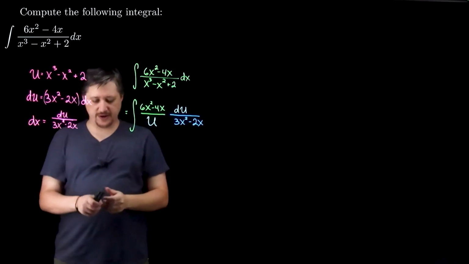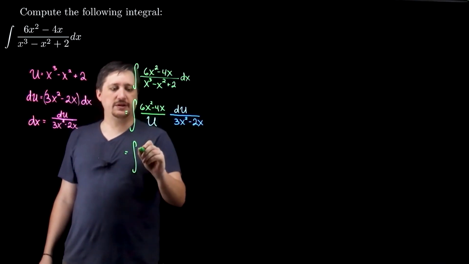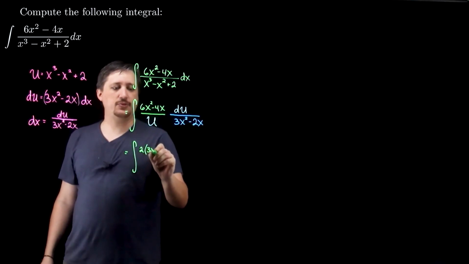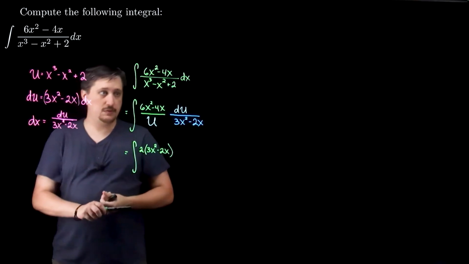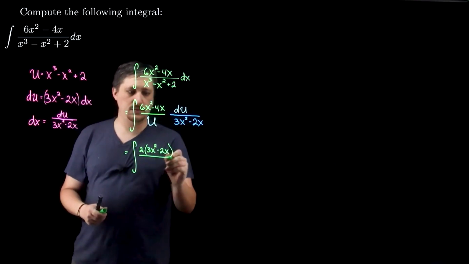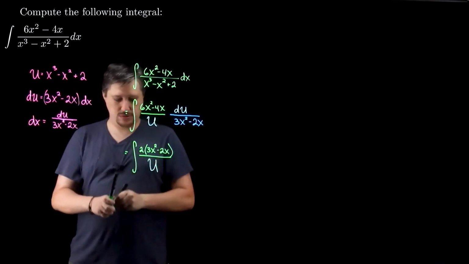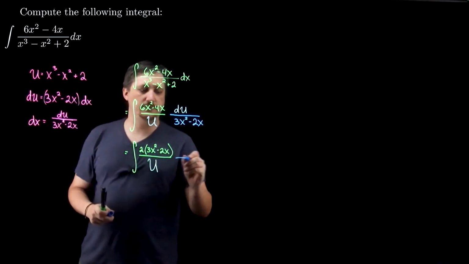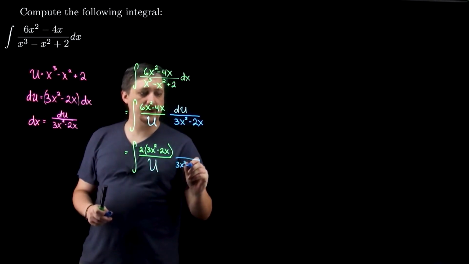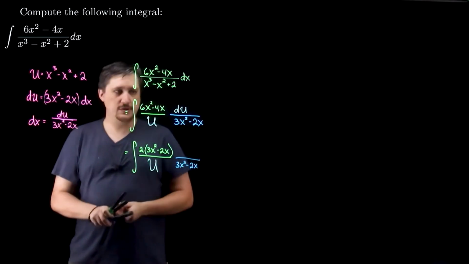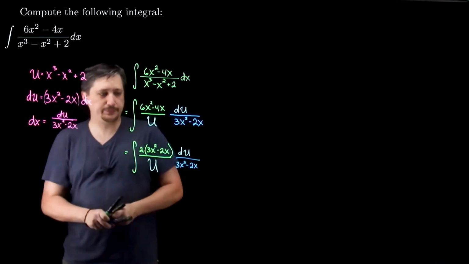So if I factor out a 2 there, well, I'm going to have 2 times 3x squared minus 2x over u times, I still have my 3x squared minus 2x down here, and my du up there.